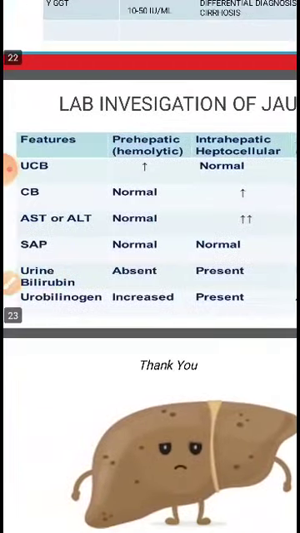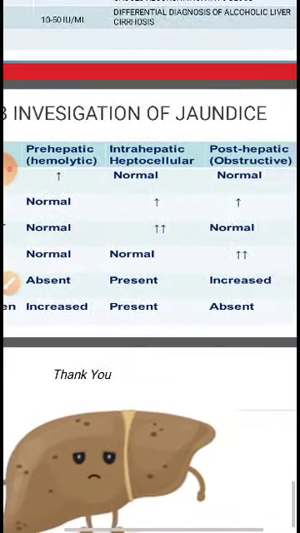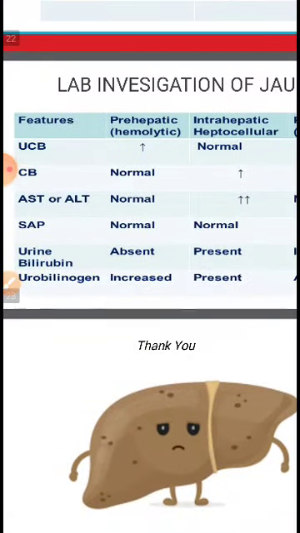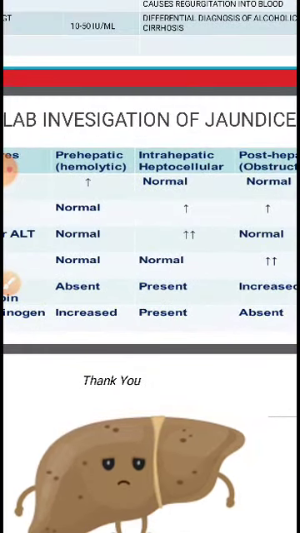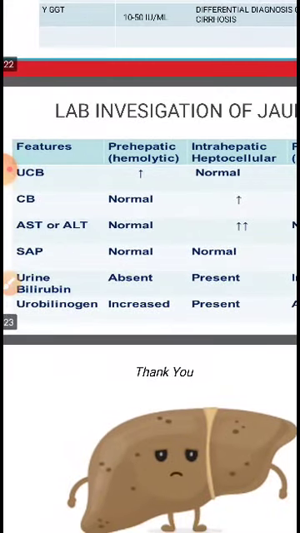This is used to differentiate the different types of jaundice, that is the hemolytic, the hepatocellular and obstructive jaundice. So starting with unconjugated bilirubin, which is increased in prehepatic or hemolytic jaundice but normal in hepatocellular and posthepatic jaundice.